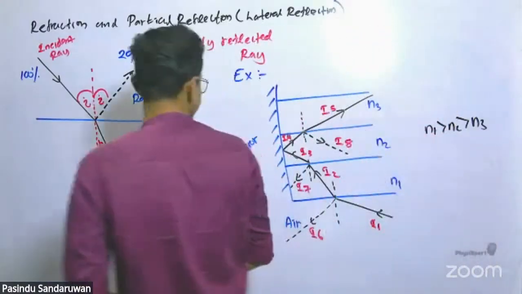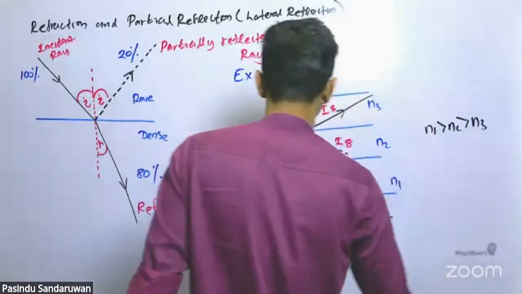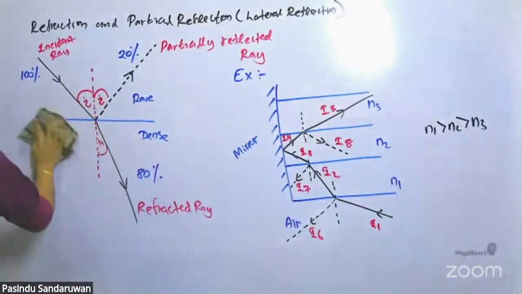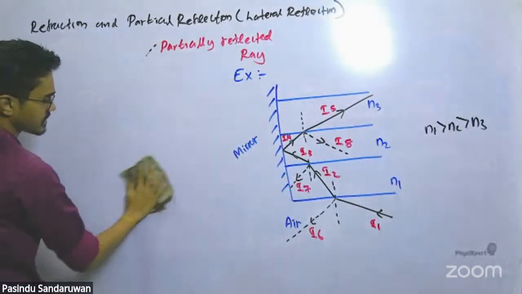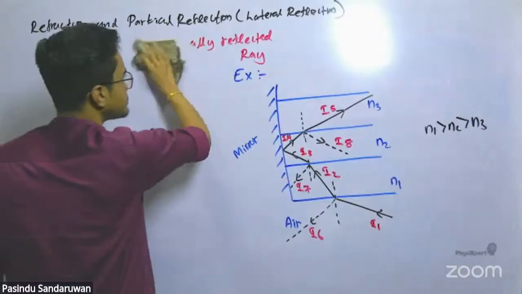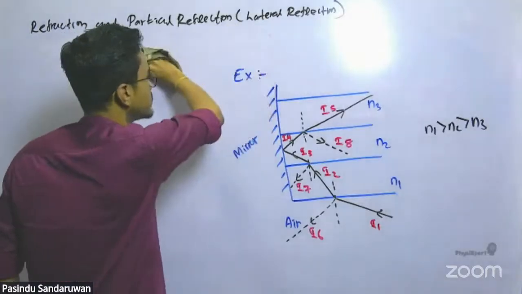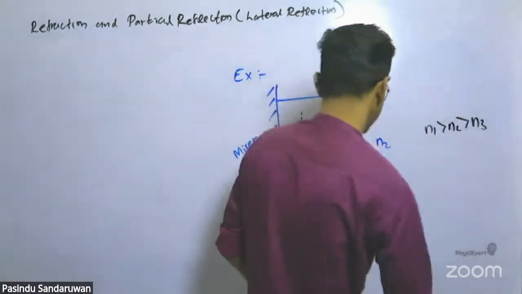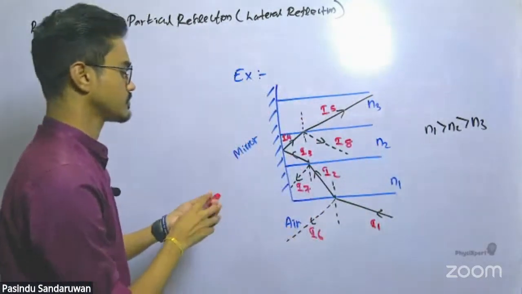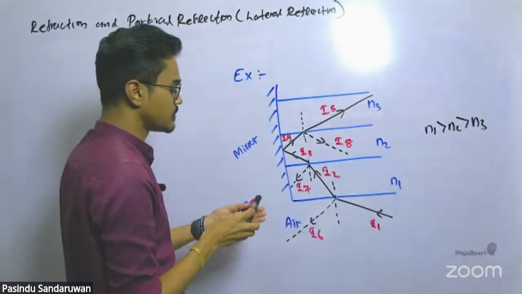Fine. See, now first thing is you have to identify whether a given ray is a refraction or a partial reflection. Now it's like this, no?